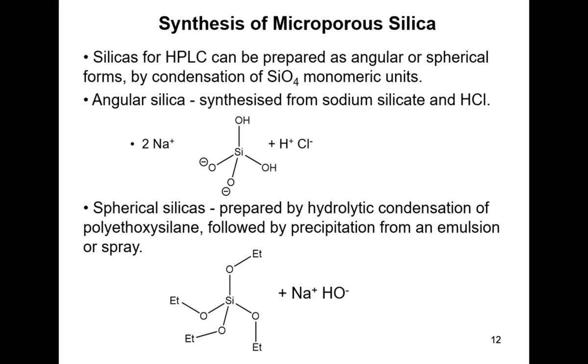That can be done by taking sodium silicate and acidifying the solution, and letting the silicate ions react together with the acid to start to nucleate the formation of these silica crystals. I won't go through the whole mechanism, but what you have to imagine is one of these OH groups on the silicate.